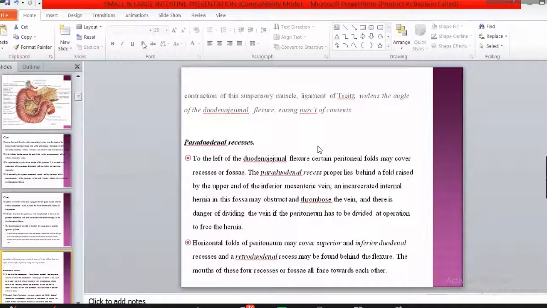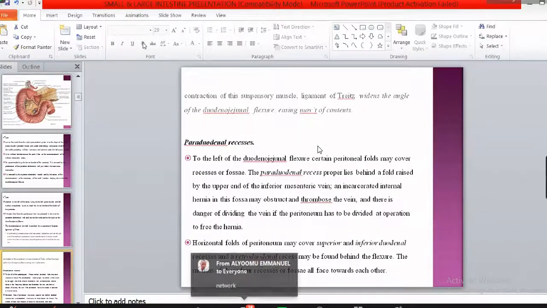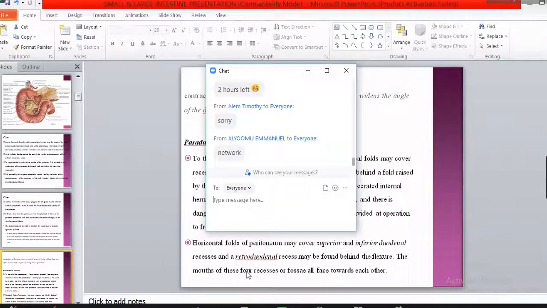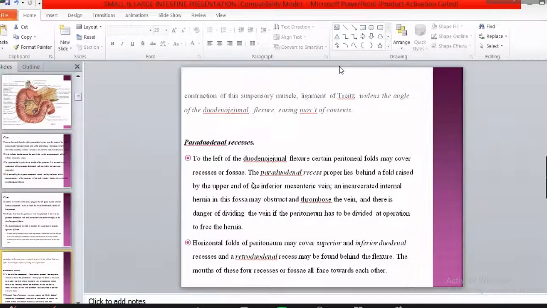Once I was operating on a patient, we opened the abdomen, and there were no small bowel loops. There was hardly any small bowel. The interns couldn't believe it and were asking me, Doctor, where are this person's intestines? But all of it had gone into the paraduodenal recess, and they were obstructed inside there.